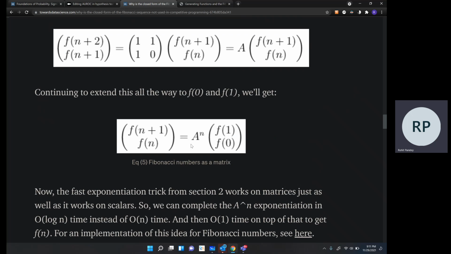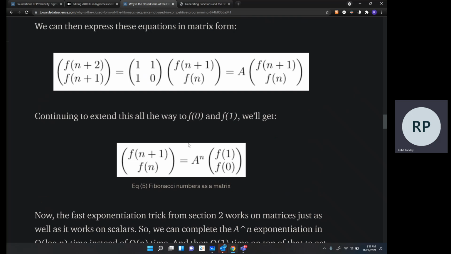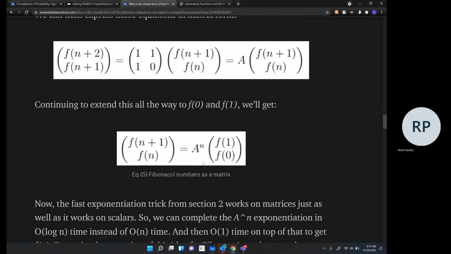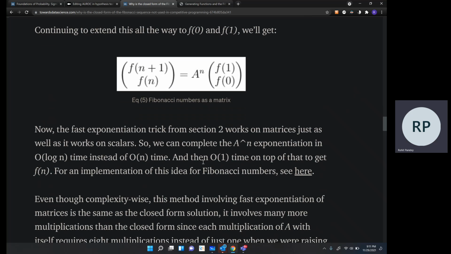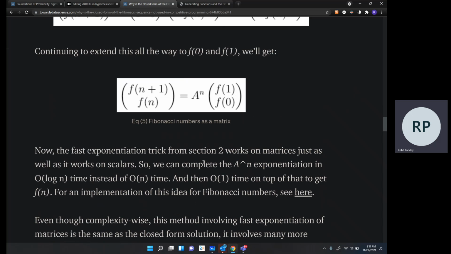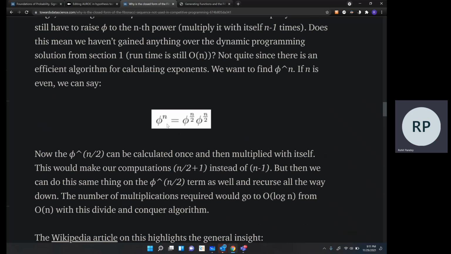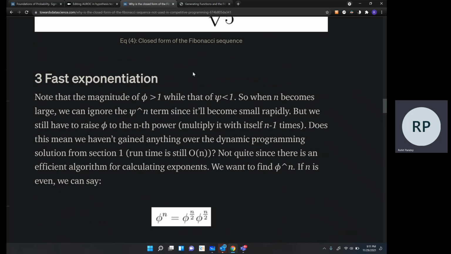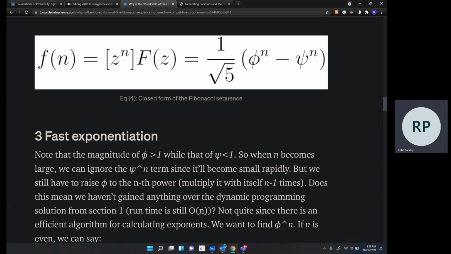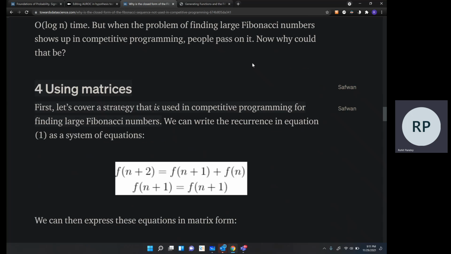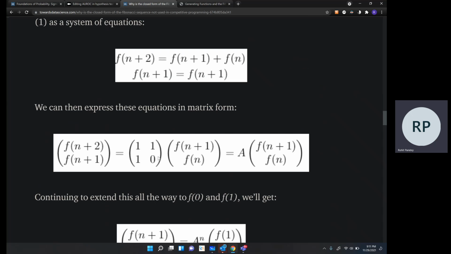And now you can use the same fast exponentiation trick on A to the power n instead, right? And this is what people actually use in competitive programming. So why do they use this and not the closed form? In the closed form, you're just multiplying a scalar, which is 1 plus square root of 5 by 2, raising that to the power n, whereas here you're raising this matrix, which is a 2 by 2 matrix, to the power n.